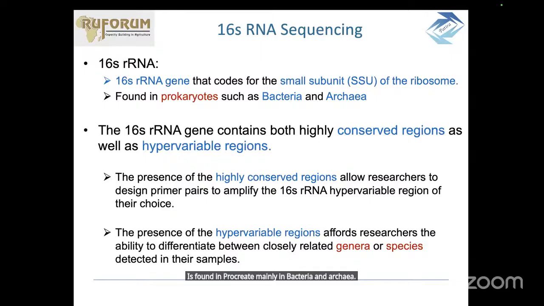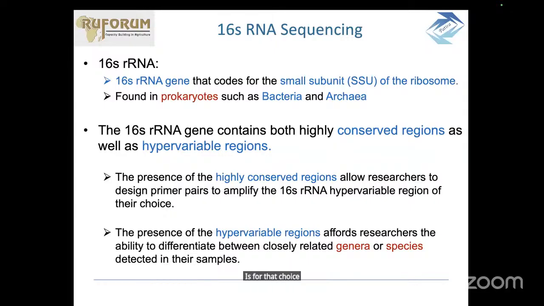It contains both highly conserved regions and hypervariable regions. That's why it's used as a marker. The presence of these highly conserved regions allows researchers to design primers that are specific for that part, and then the hypervariable region is for the choice.